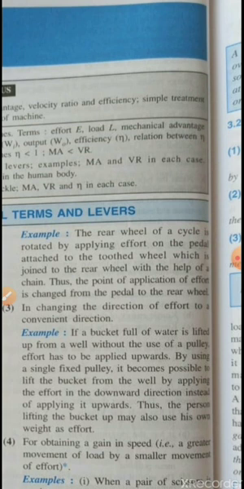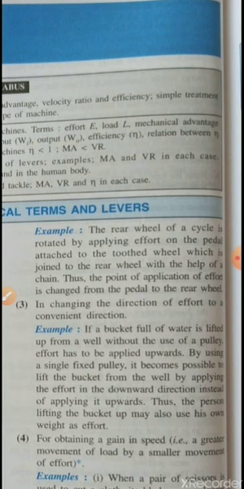My rear wheel. So initially I want to move my rear wheel, but where I am applying my force is at my pedal. My effort is nothing but a force which is applied at my pedal. Therefore, the point of application is different. Actually, I wanted to move my rear wheel, but where I am applying my force is at the pedal, by which the point of application is completely changed.